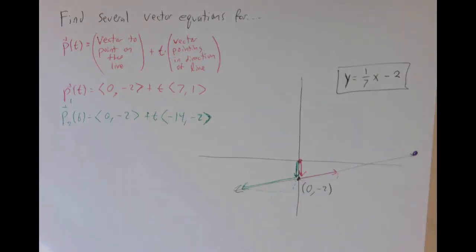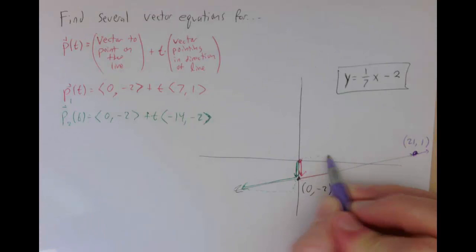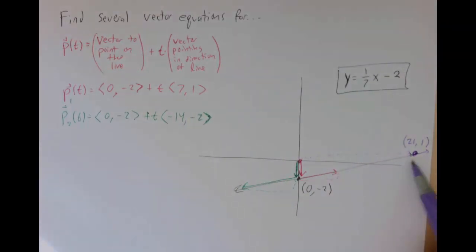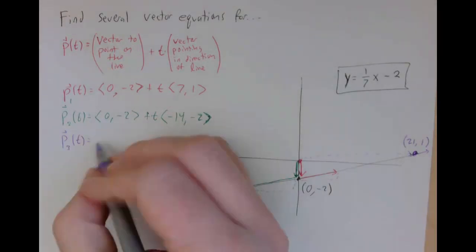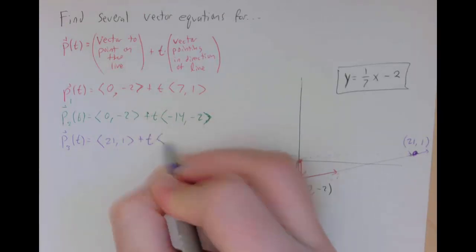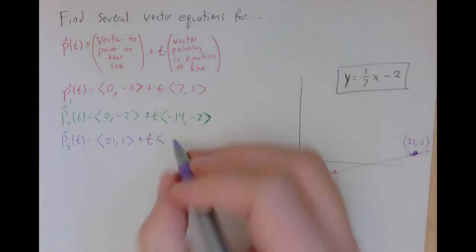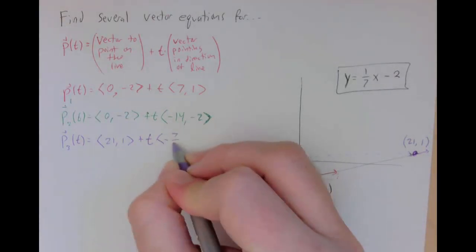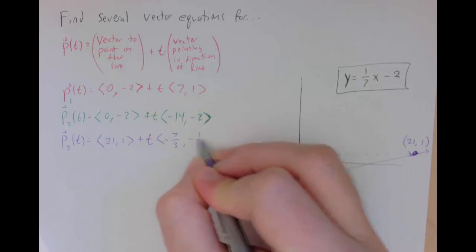Let's do another one. Let's find a totally different point on the line. So this is 21, 1. Wait, does that make sense? Hold on. Yeah, okay, that makes sense. So 21, 1 is also a point on the line. So let's write a vector that starts at that location and then moves left along the vector. So I could have a starting point of 21, 1, and then let's scale it with time. And this time, let's move left by 7/3, and let's move down by 1/3.